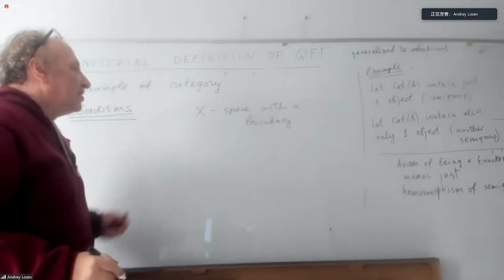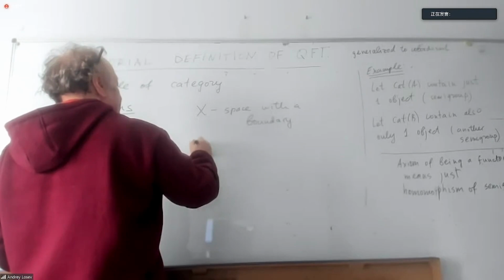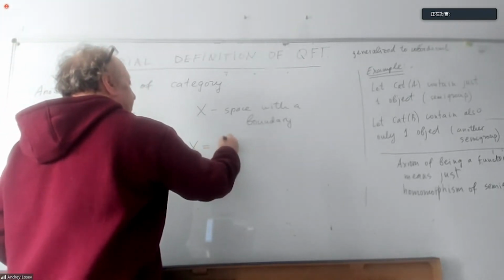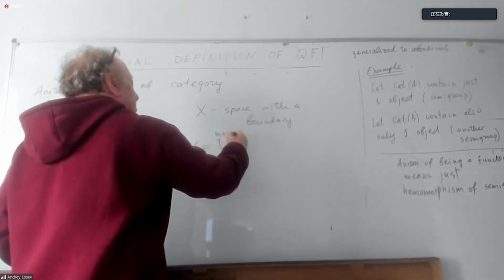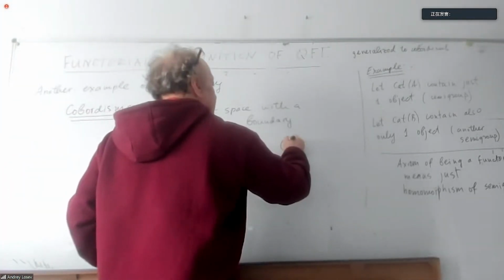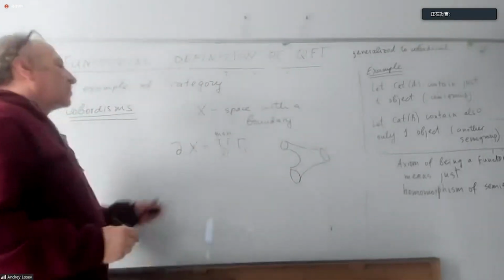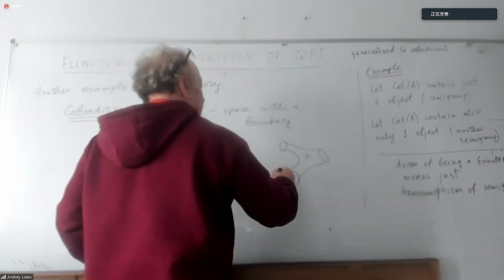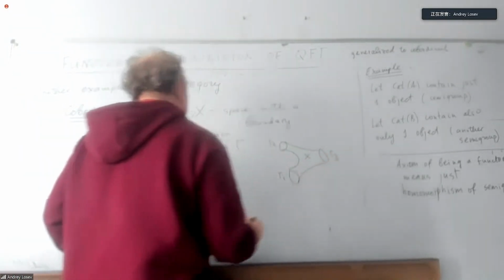And just imagine that the boundary has several components. It's an example. So this is X. Here are gamma 1, gamma 2, gamma 3.